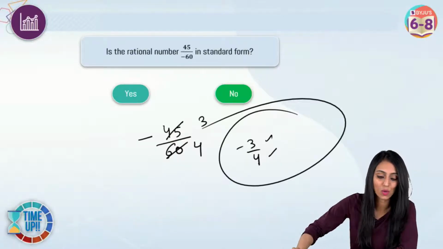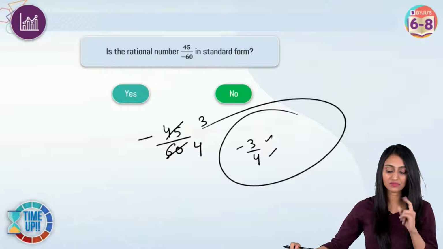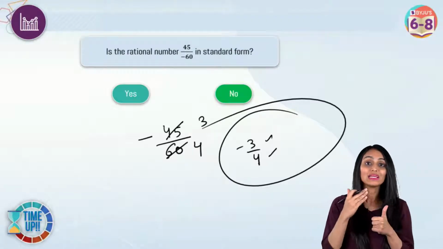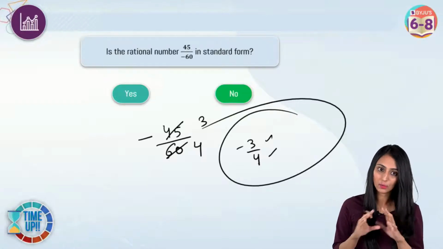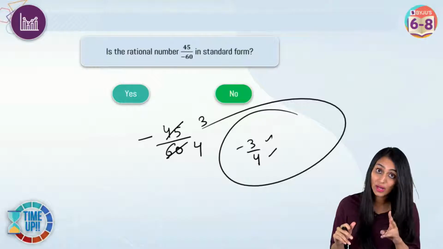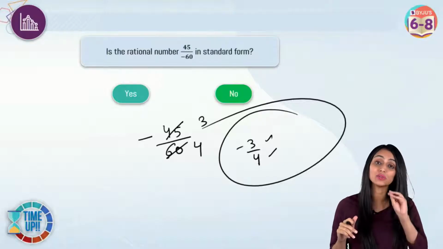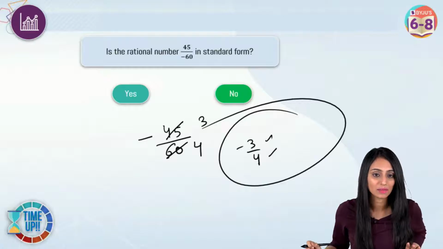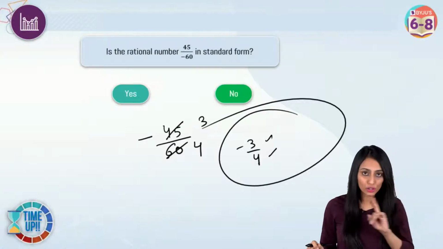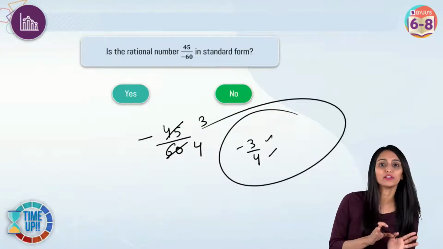Yes, Madhuri. So, standard form, what we have done here is, first thing you need to keep in mind, we reduce it to the extent when there is nothing common between the numerator and denominator, right? We can cancel this out. And another point is, the denominator should not be negative. You take that negative sign in the numerator in that case. Now, if you put the minus sign in the denominator, it is not wrong, but it is not in the standard form.